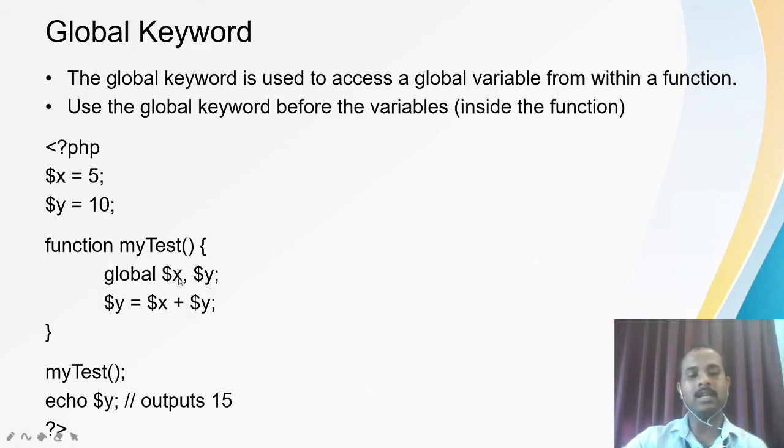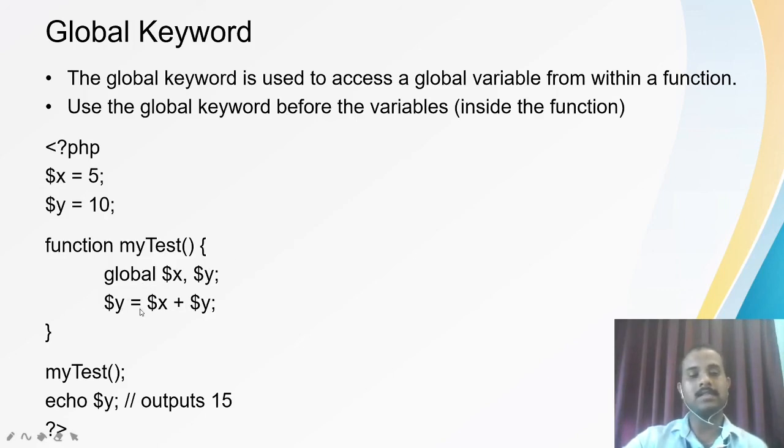I am mentioning that the x variable and y variable are global variables. That global keyword should be mentioned where you require the global variable, for example inside this function.